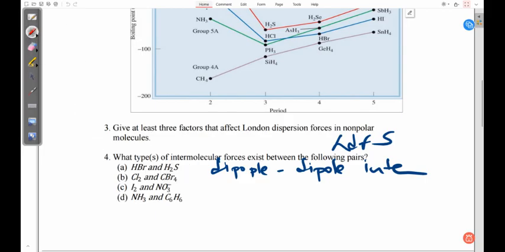Bromine, what group is bromine? Bromine is group 7, I'm just checking my periodic table. But anyway, this is definitely non-polar as well. So both of them are non-polar. When they're non-polar, the only forces that exist are the London dispersion forces.